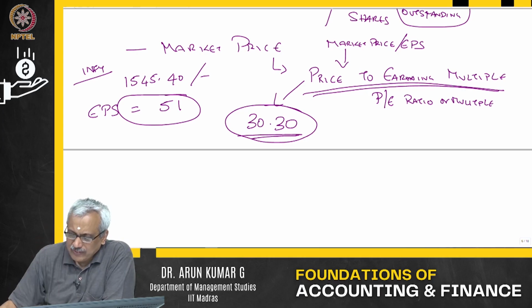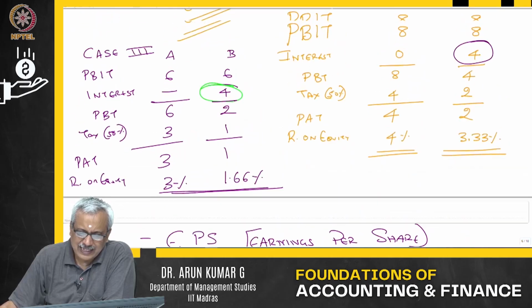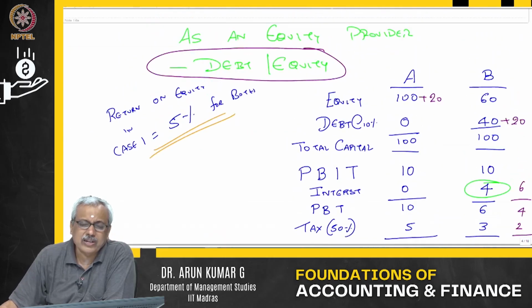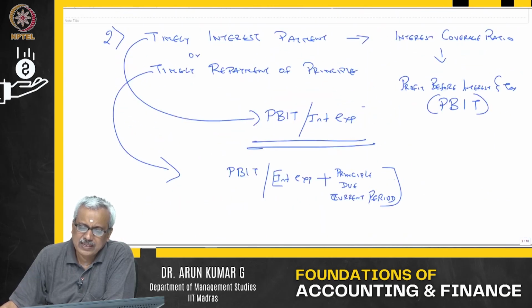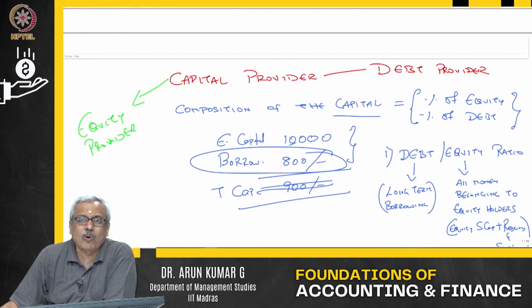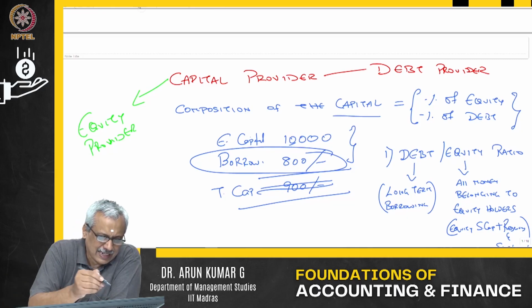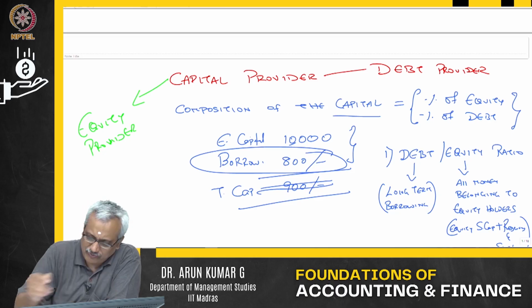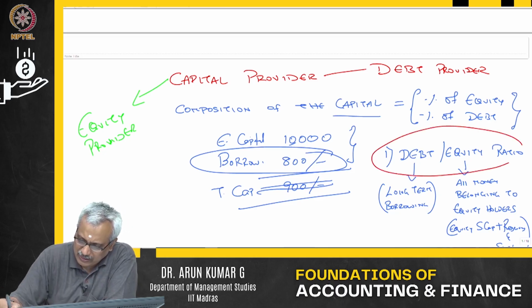So, what did we look at? We looked at the capital provider point of view in the last class. First we started with the debt provider. What is he interested in? I am interested in the debt and equity part of it, the debt equity ratio, that is what we said.